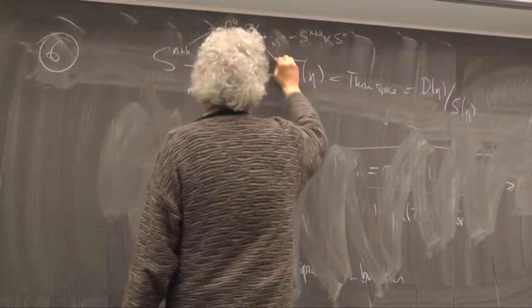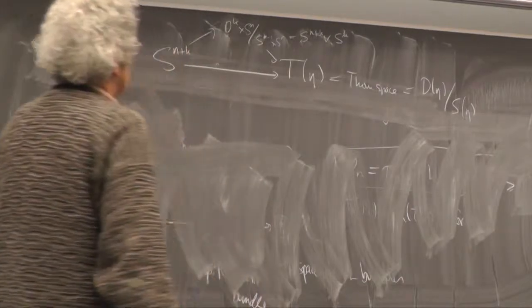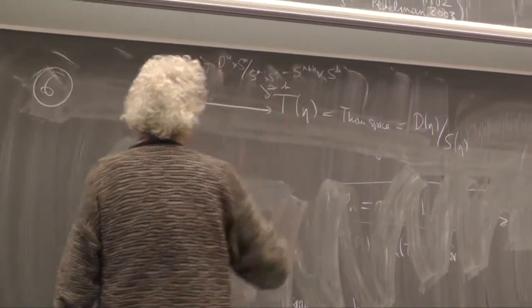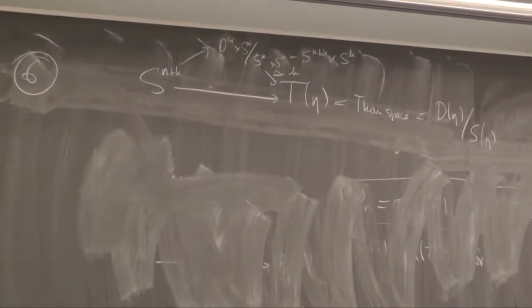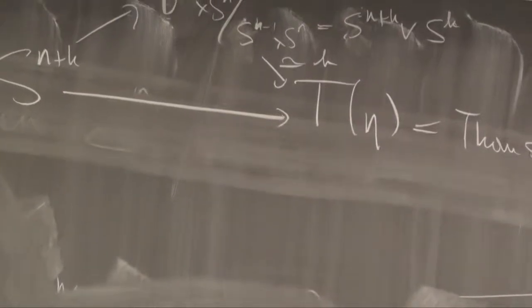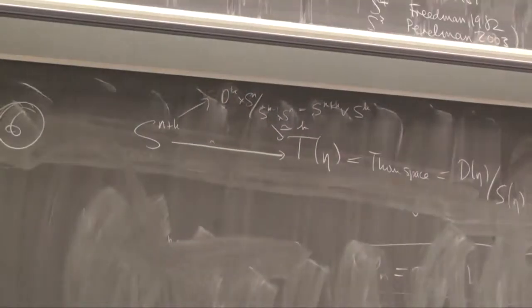No, not right, S^k. So all I want to put here is that homotopy equivalence. So if you go, and now it is going the right way. So I have a fiber homotopy realization. I have also a homotopy equivalence of the Thom spaces. And now I have something very interesting.